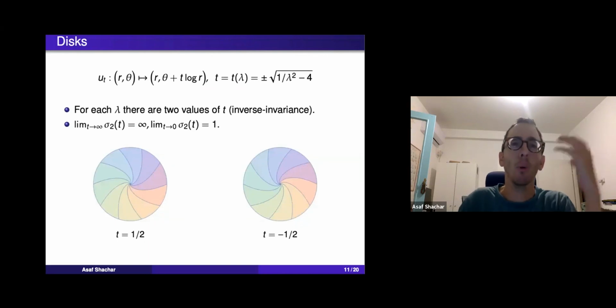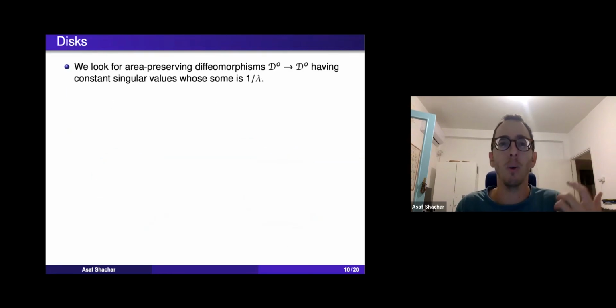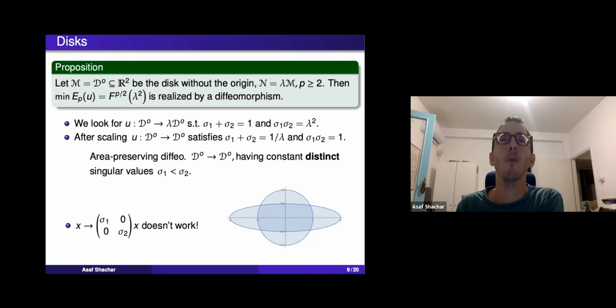So yeah, okay, just know that this problem in dimension 2 has an inverse invariance symmetry, because we were looking for area-preserving diffeomorphisms having fixed singular values sigma 1, sigma 2. And if U is such a map, then U inverse will also be, of course, area-preserving and have the same singular values in dimension 2.